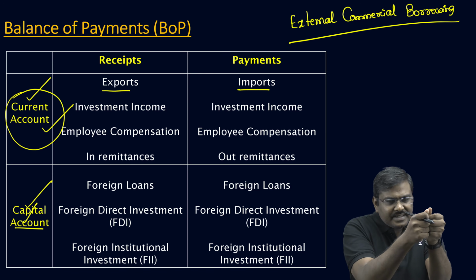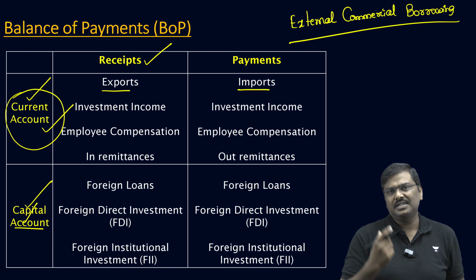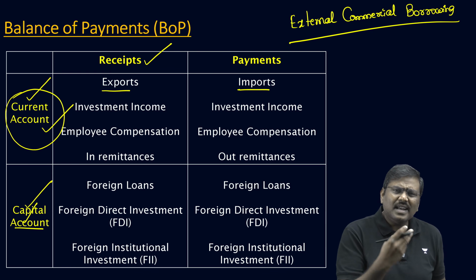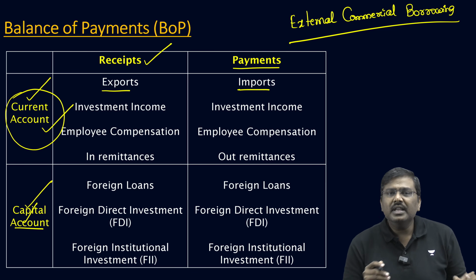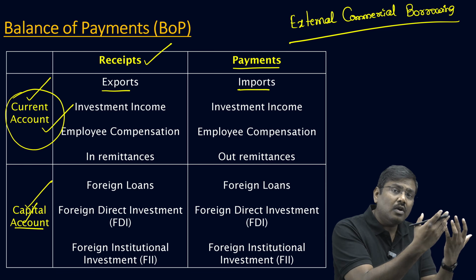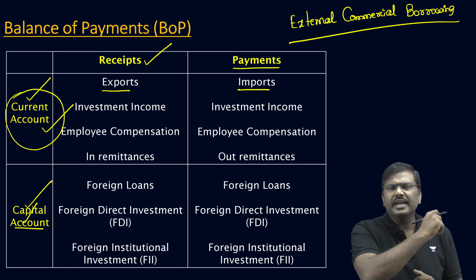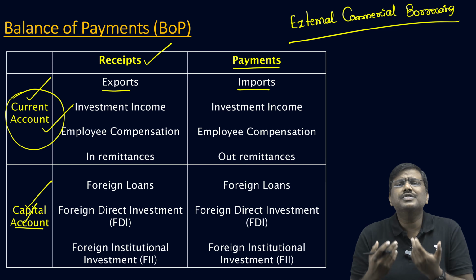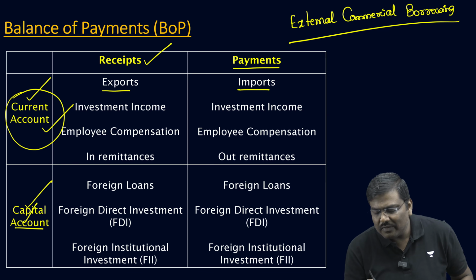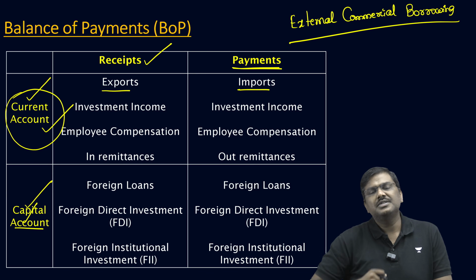When these foreign currencies flow into the country, we record it as receipts, that is income. And when these foreign currencies flow out of India, let's say to USA, China, Japan, South Korea, Australia, etc., we record it as expenditure or payments.